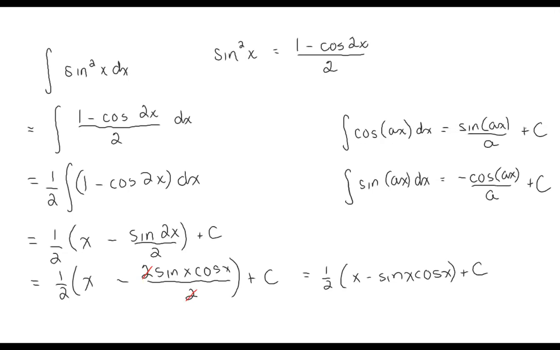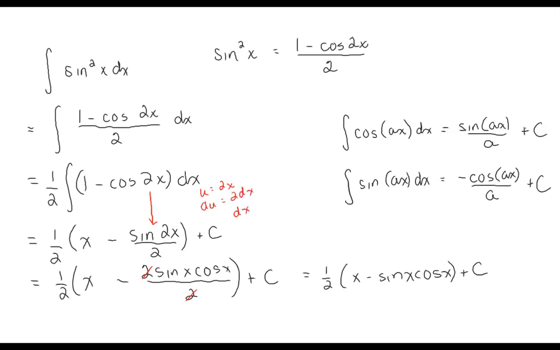Where did I get the sine 2x over 2 from? Okay, that's this little integration step right there to there. So remember, integral of cosine is sine, but on that step, if you let u equal 2x, your du is going to be 2 dx.